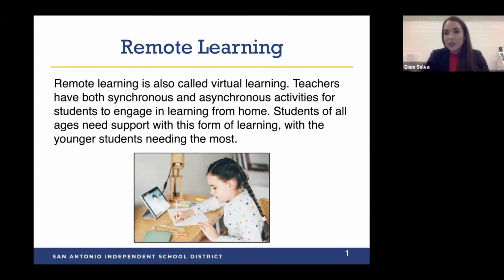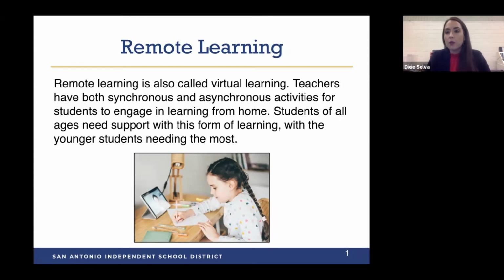So you might hear teachers using these terms. Synchronous just means at the same time, and asynchronous means on your own time. And know that in remote learning, all students will need some sort of support, even high schoolers. But the younger students need obviously the most, just because they're not as adept with technology, clicking here, clicking there.